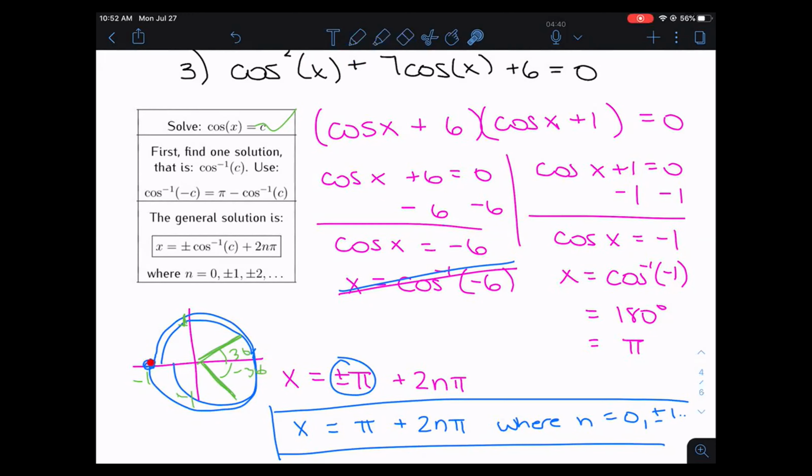So they're both at the same point. There is no difference between positive or negative. Positive and negative pi is the same thing as just regular pi. So x is just equal to pi plus 2n pi, where n is equal to 0, plus or minus 1, plus or minus 2, 3, 4, 5, 6, and it keeps going. So that is how you can do this part here.